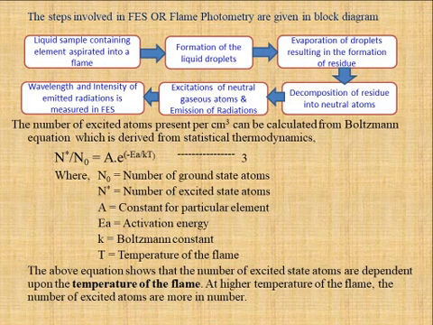The number of excited state atoms depends upon the flame temperature. So the flame temperature is important for excitation of atoms, and the excitation of atoms is directly proportional to the temperature of the flame.